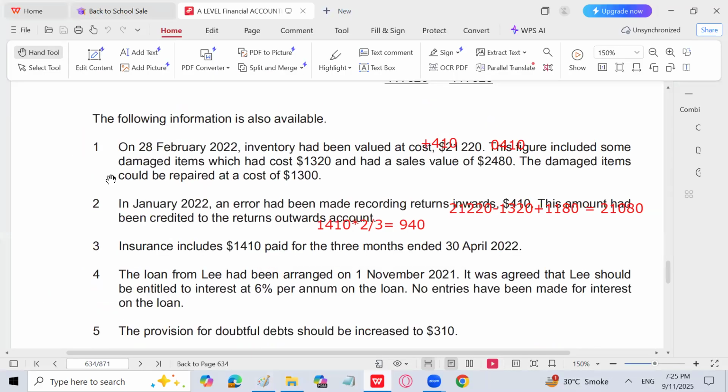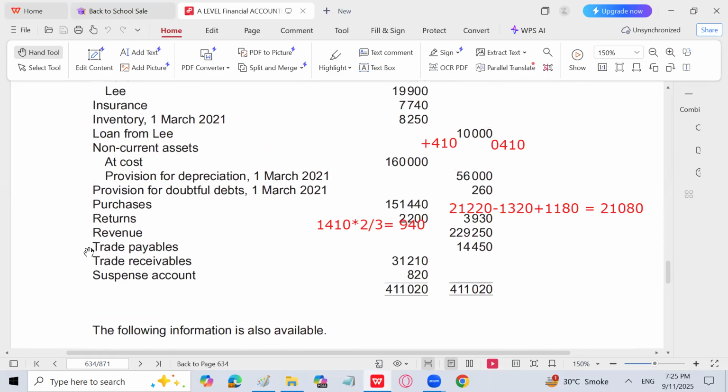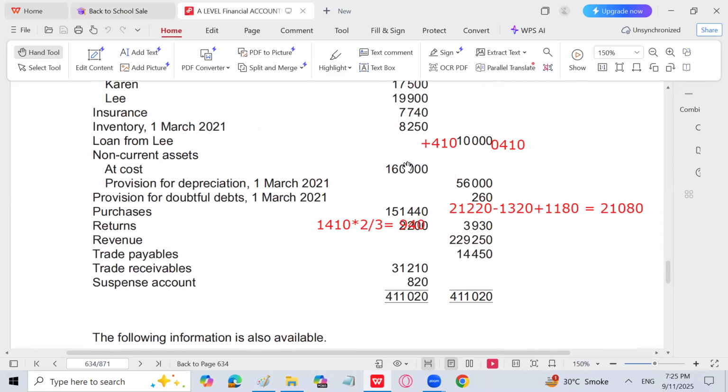Now depreciation is 20% using reducing balance method. So we can calculate the depreciation. 1,60,000 minus 56,000 because it is reducing balance method, into 20%. No asset has been sold. 1,04,000 into 20%.